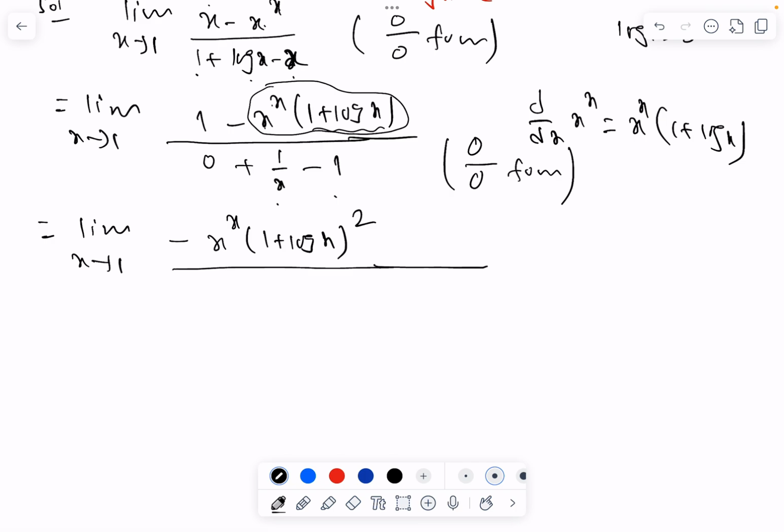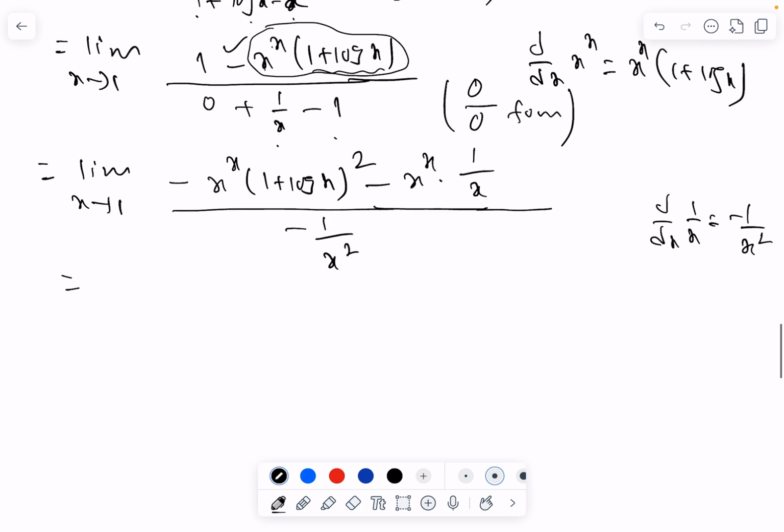Then plus, but already a minus sign is there, so let us use minus. Keep x^x as it is, and the derivative of (1 plus log x) is 1 by x. Derivative of 1 by x, we know, is minus 1 by x square. So this is minus 1 by x square.